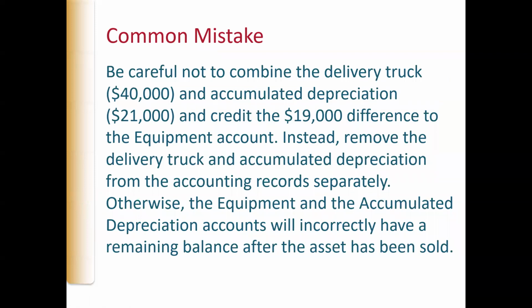Be careful not to combine the delivery truck cost and the accumulated depreciation contra account, and then credit the $19,000 difference to the equipment account. We have to remove the entire delivery truck and the entire accumulated depreciation from the accounting records separately.